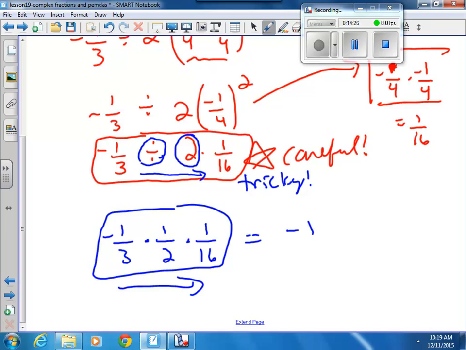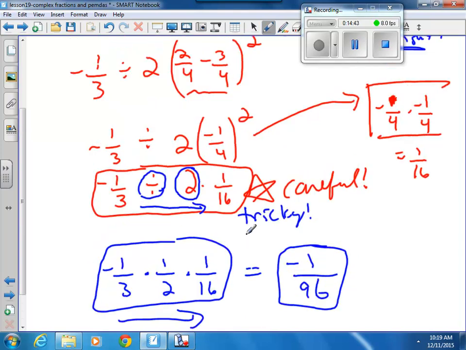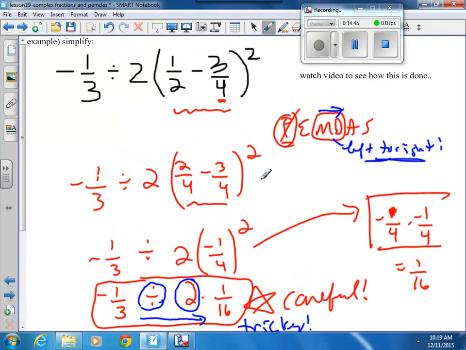Negative 1 times a bunch of 1s is negative 1. 3 times 2 is 6, and 6 times 16 is 96. And voila, you got it. All right, that takes care of your guided notes. Good luck out there.